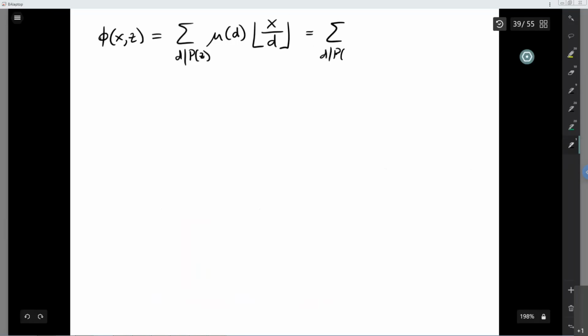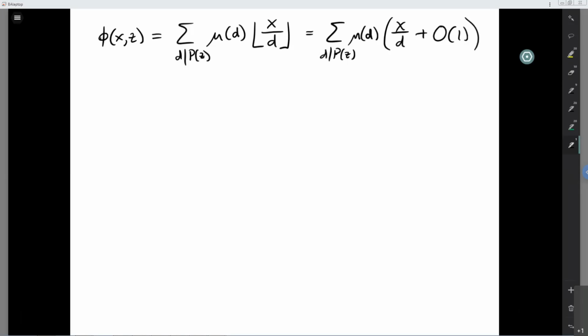So we end up with something that looks like this. Now I'll distribute the sum to everywhere. The leading term, the x, I can pull out to the outside. And so all that's left is this sum.